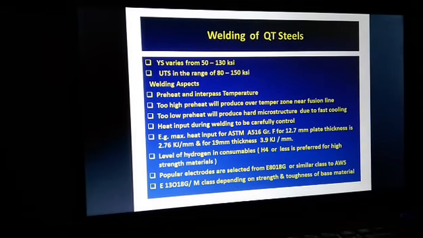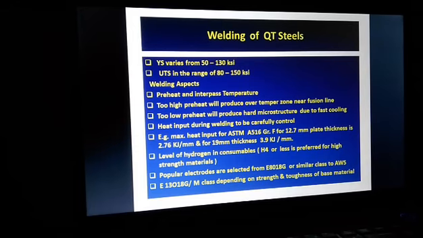Welding of quenched steel. Yield strength varies from 50 to 130 KSI. Ultimate tensile strength is in the range of 80 to 150 KSI. Welding specification: preheat and interpass temperature. Too high a preheat will produce an over-tempered zone near the fusion line.